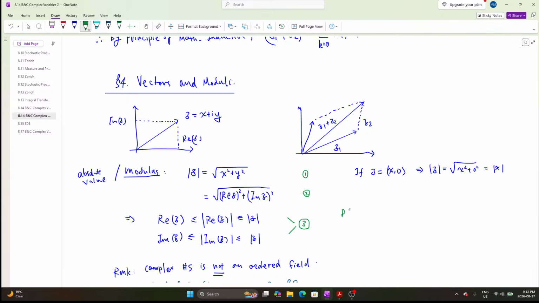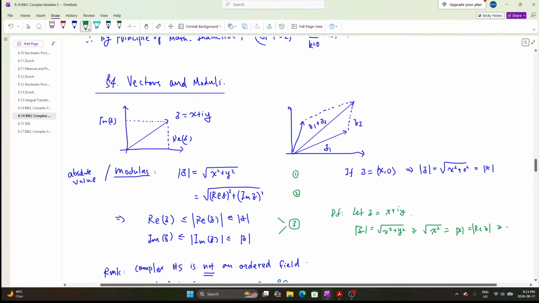Proof. You just let z equals x plus iy. So the modulus of z is the square root of x squared plus y squared. Of course, this is greater or equal to the square root of x squared, namely the absolute value of x. That's exactly the absolute value of the real part of z. And the absolute value of a real number is, of course, no less than itself.